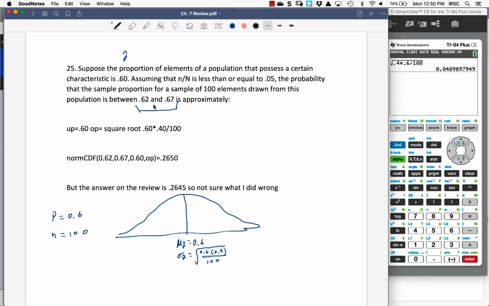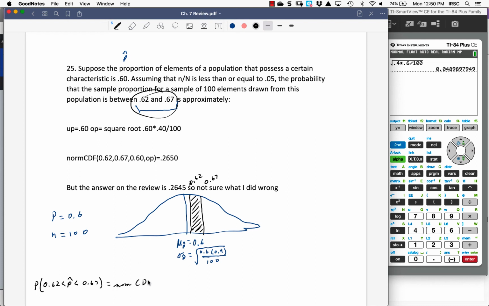But we want to be between these two values, so 0.62, I'll label that 0.62, and over here would be 0.67. Doesn't have to be exact, I'm just trying to get a picture. Okay, I know it's going to be less than half. So the probability of 0.62 being less than p-hat being less than 0.67 would be, now we need a normal CDF, don't we?